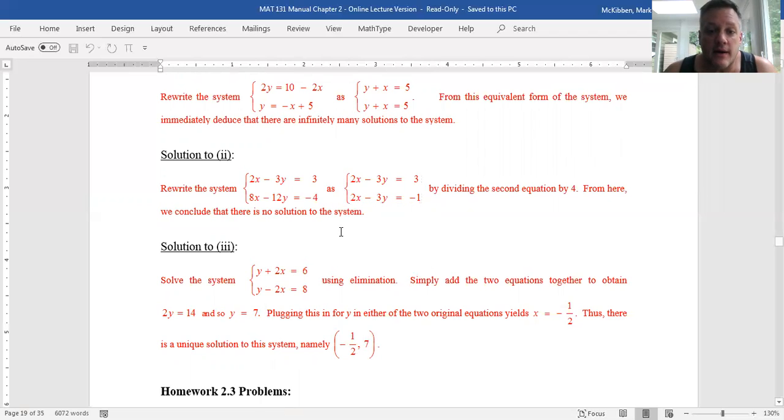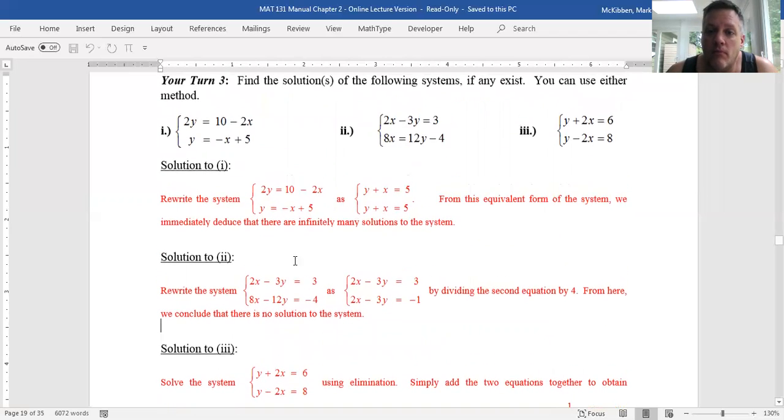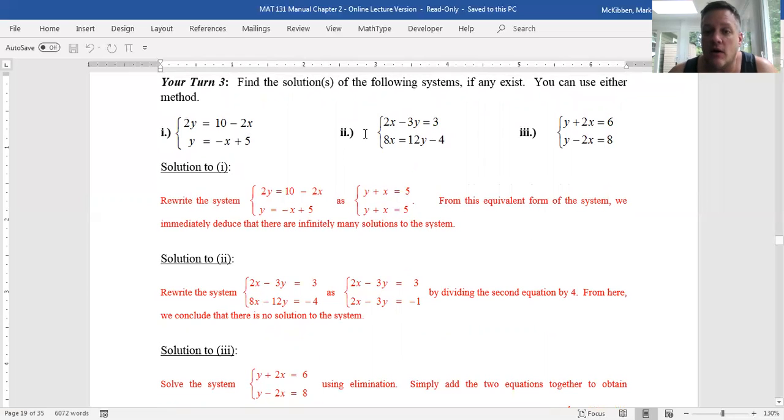This one here, you wouldn't necessarily know to actually rewrite the equations in this way, right? I'm doing it to illustrate a point. Naturally here you would have taken one term over to the left and tried elimination, right? If you were to try elimination, what you would get is a false statement in the end, right?